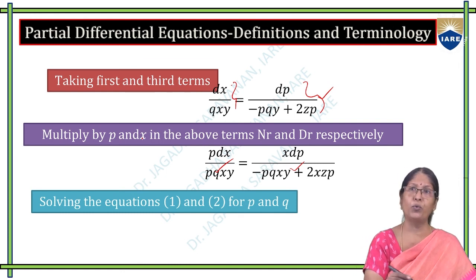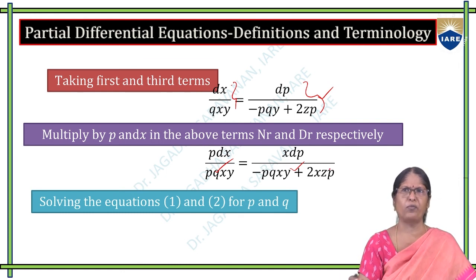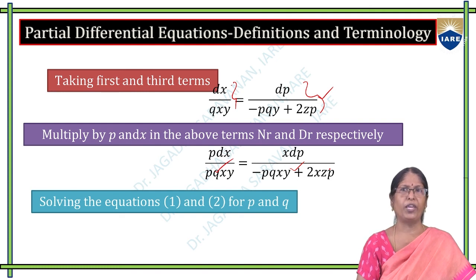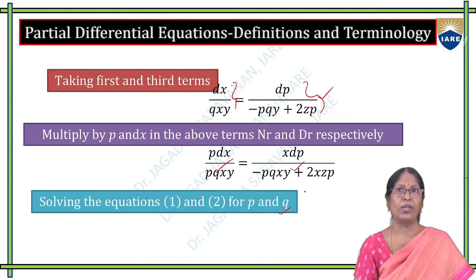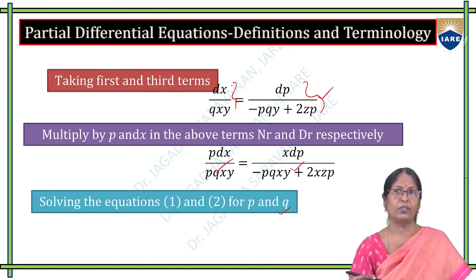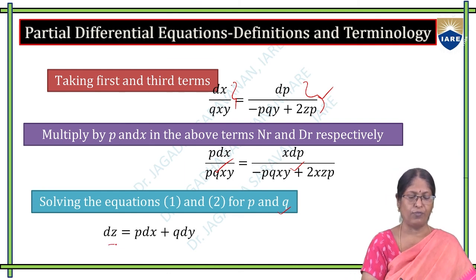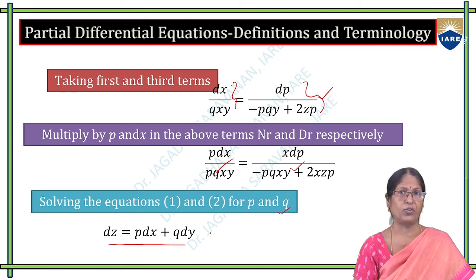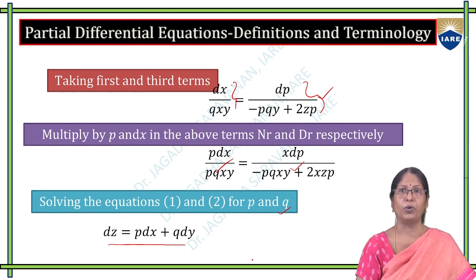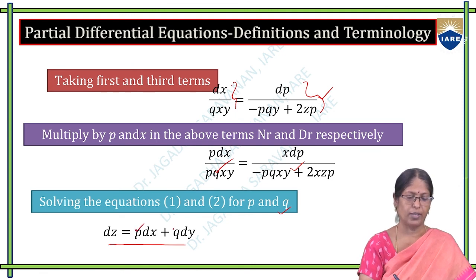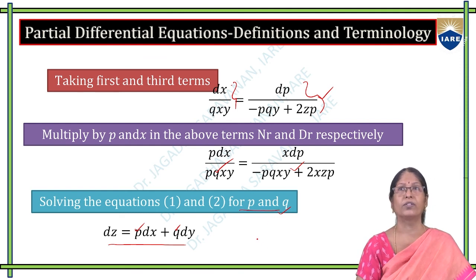We can multiply q into dy. We will get the same format. Both we will equate. Our aim is to find the value of p and q. So this is the terminology of our Charpit method. After obtaining the final result, the terminology is dz equal to p dx plus q dy. In the respective places, the values of p and q we obtained are to be substituted.